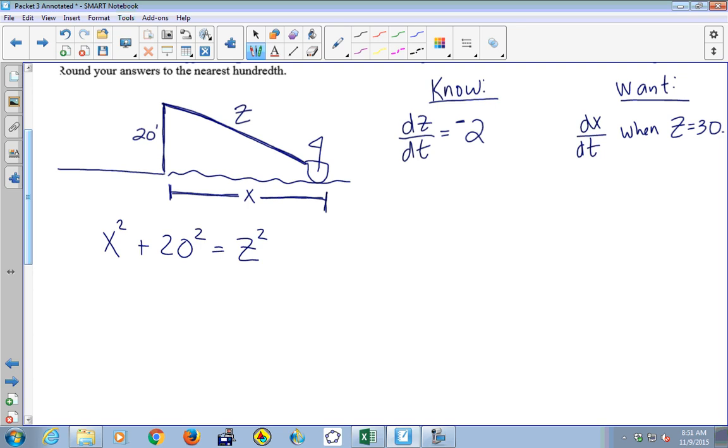So we're going to use the implicit differentiation that we learned last class to introduce some rates into this equation. So I'm going to take d dt of both sides, take a time derivative of both sides of the equation.